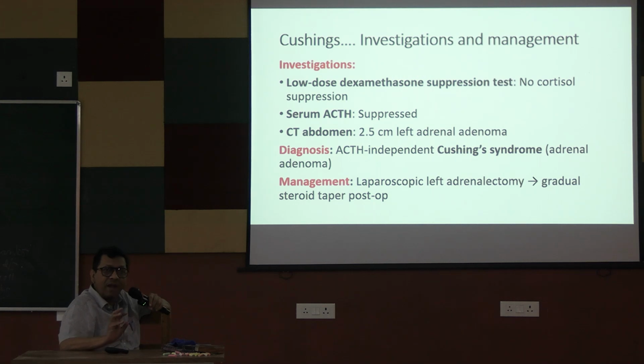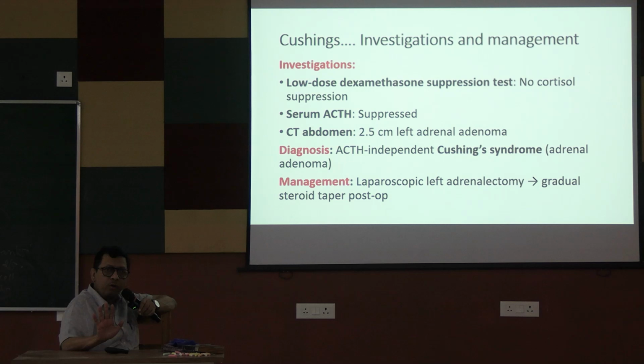But if it is an adenoma of the adrenal gland, it will never suppress the cortisol, and the cortisol level will be raised or normal, but the serum ACTH will be suppressed. This shows that the hypothalamus does not have any control over this gland.